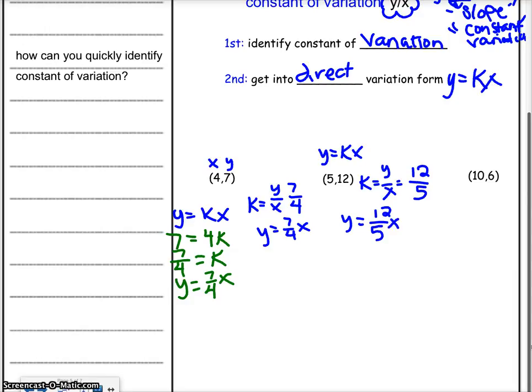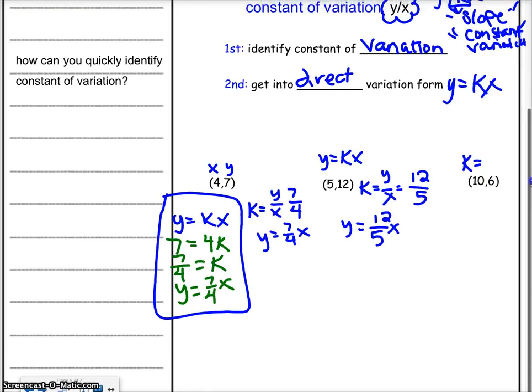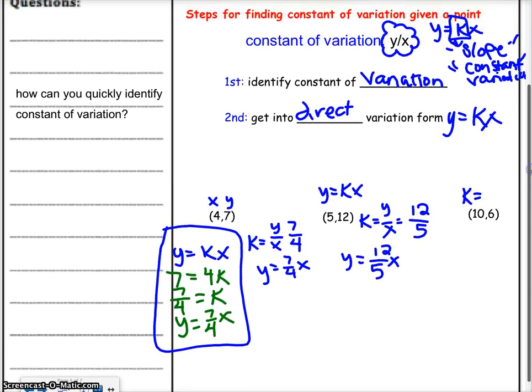So again, this is the heart. This is the real algebra behind it. This is the trick. K equals y over x. Do we have that somewhere? Maybe, well, right here. Maybe you could do it in between. You could say k equals y over x somewhere.